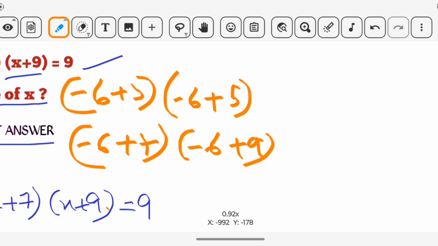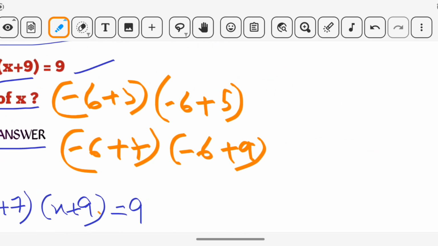Minus 6 plus 3 will be minus 3, multiplied by minus 6 plus 5 which is minus 1, multiplied by minus 6 plus 7 which is plus 1, multiplied by minus 6 plus 9 which is plus 3.